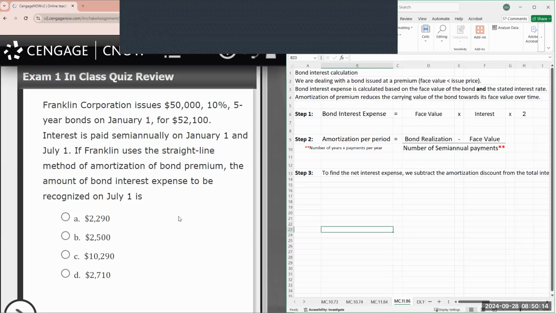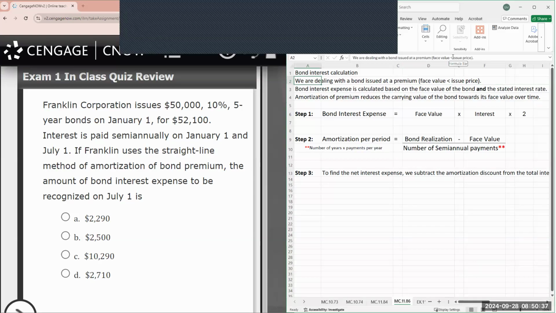If Franklin uses the straight line method of amortization of bond premium, the amount of bond interest expense to be recognized on July 1st is... So in this case, we're dealing with a bond issued at a premium. How do we know? The face value of the bond, which is $50,000, is less than the issue price.